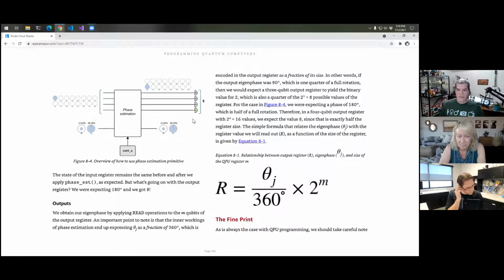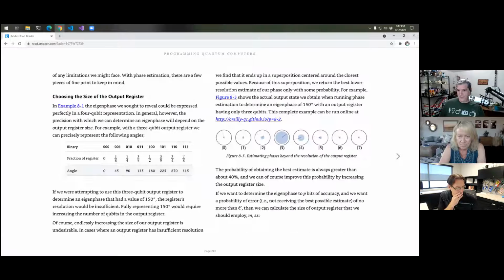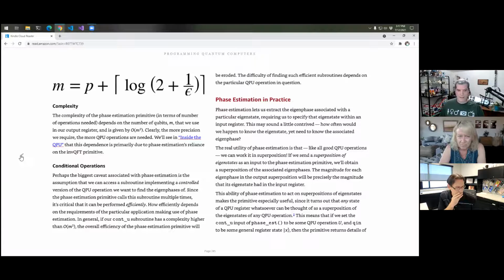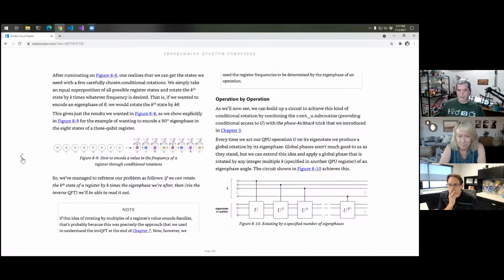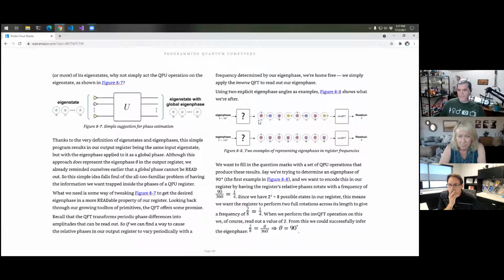And so there's the example here where we have a value of 8 in a 4-qubit register. But that is not an angle, that's a number. And so there's this fun calculation to figure out how do we get from that number to an actual angle. And this kind of goes back, we'll look, where was that? Did I miss that diagram? Oh, actually, this diagram kind of shows it.